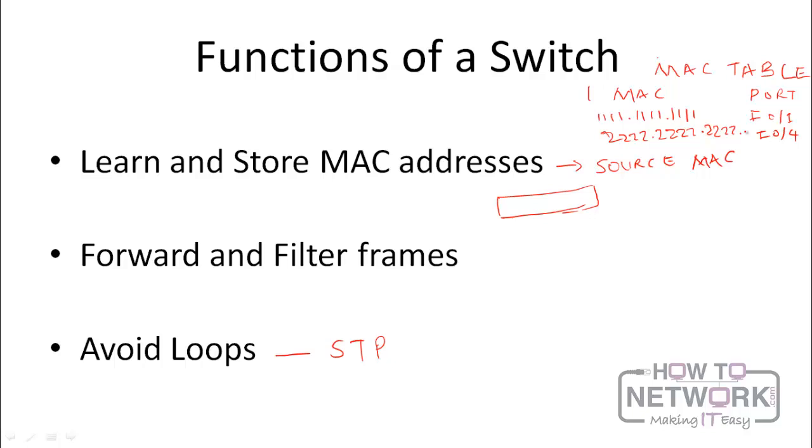In the MAC address table of a switch, you can actually find a long list of MAC addresses and ports. And how does it populate that list? What happens is, when you have a packet, if we have this on the Fast Ethernet 0/4, and you have another computer on Fast Ethernet 0/7, if the computer on Fast Ethernet 0/4 wants to send a message to the computer on Fast Ethernet 0/7, as you know, it would first ARP for the MAC address on the computer on Fast Ethernet 0/7.